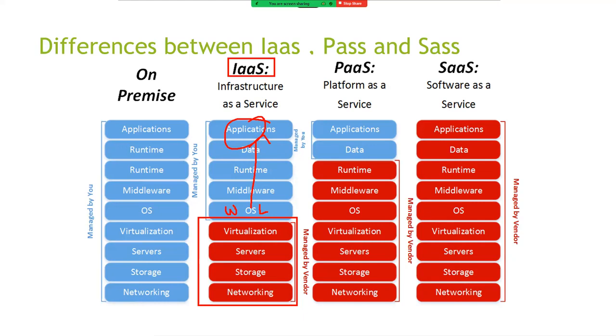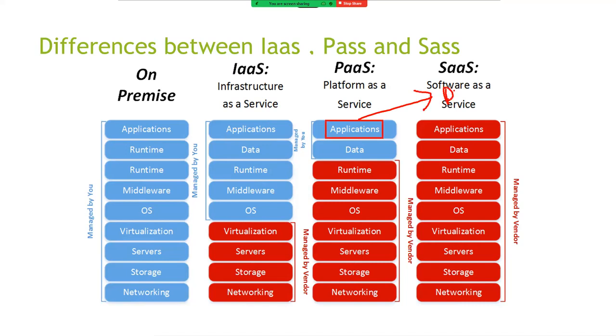Right? See, when I go for platform as a service, nothing is in your hand, even they are providing runtime. Got it. And deploy your application. Here I am not mentioning any one type of application. Here you can deploy .NET, Java, PHP, Python, Ruby, Node.js, any type of application you can host.